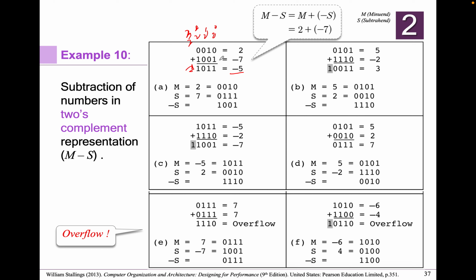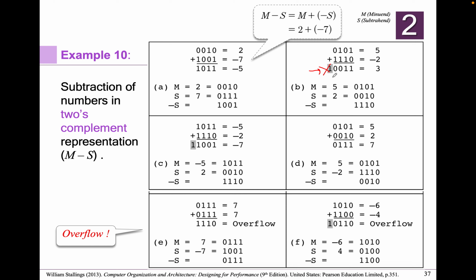This one is the sign, but this is the value. If you directly get it, you're going to get 2 and 1, 3. But of course this one is our second complement method, and for this part there is a possibility of error. You can see there is a carry, that's why you're going to discard it.